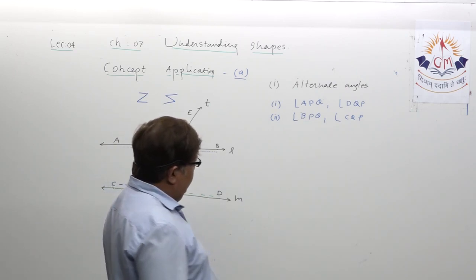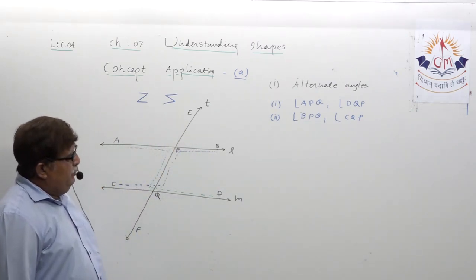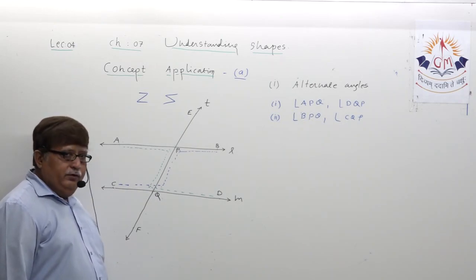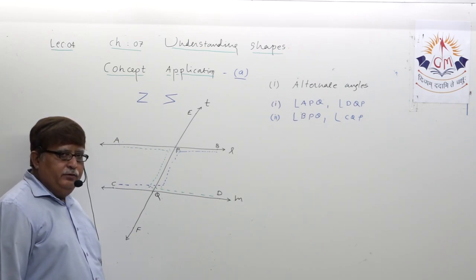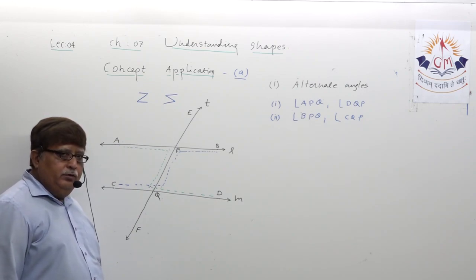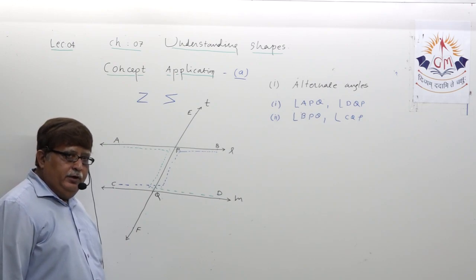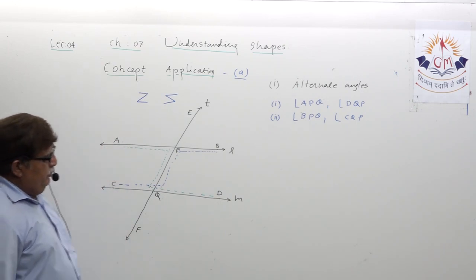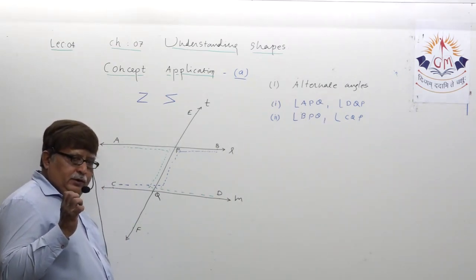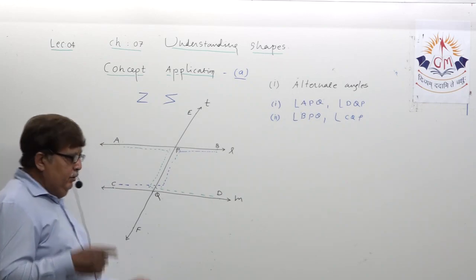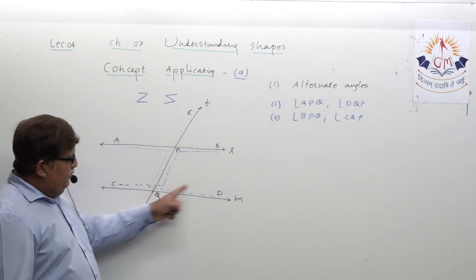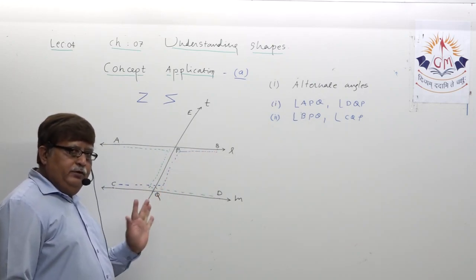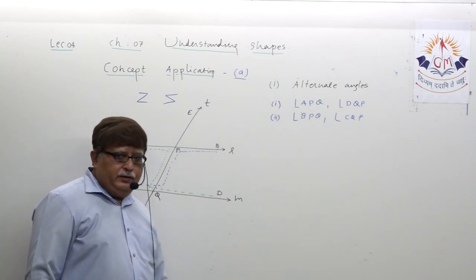Dear student, before I explain another pair of angles, you first need to understand this. Whenever you want to find alternate angles, you have to concentrate on the diagram and start thinking of the real Z formation and the inverted Z formation. This is your target.